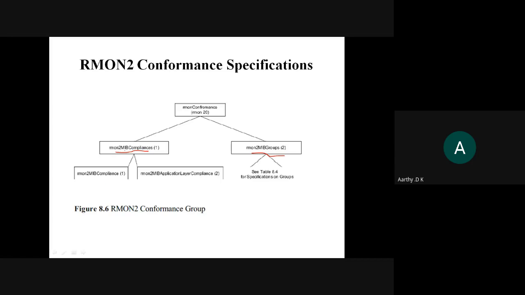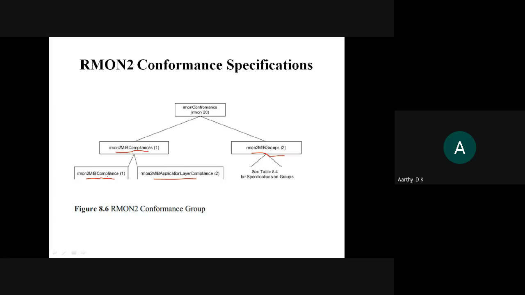Further it is divided into basic MIB compliances and MIB compliances for the application layer. The basic compliances can have either mandatory groups or other groups, like how we saw earlier with SNMP version 2 and 3 compliances, that is, conformance.